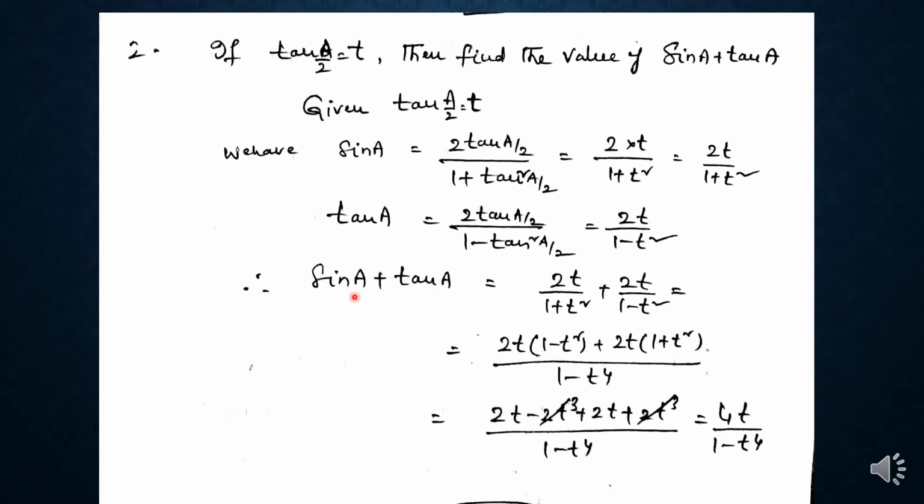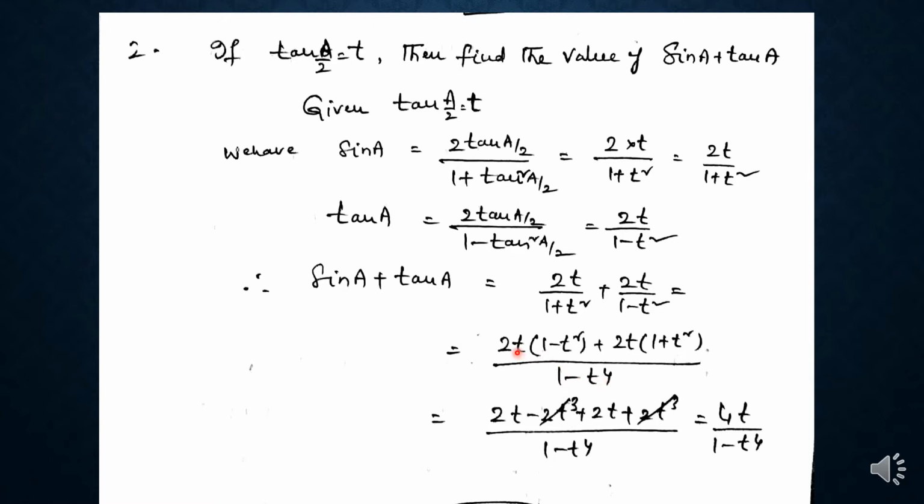Now we need to find the value of sin a plus tan a. Therefore sin a plus tan a is equal to, here sin a is 2t by 1 plus t square, plus here tan a is 2t by 1 minus t square. Now by taking LCM here, 1 plus t square into 1 minus t square is 1 minus t to the power of 4.